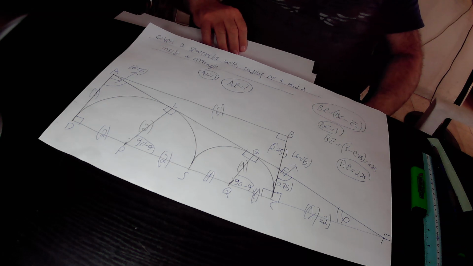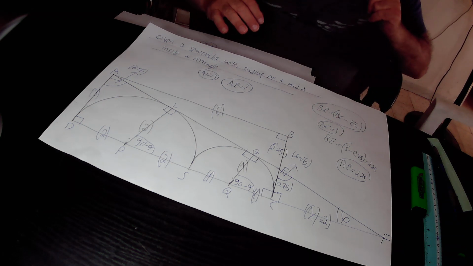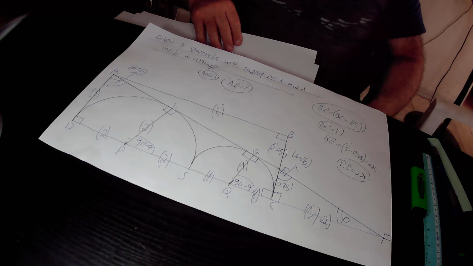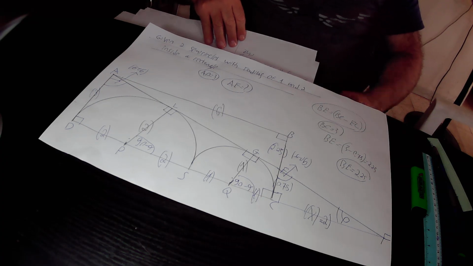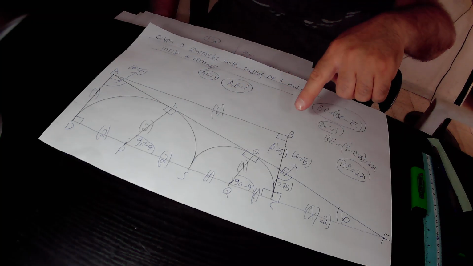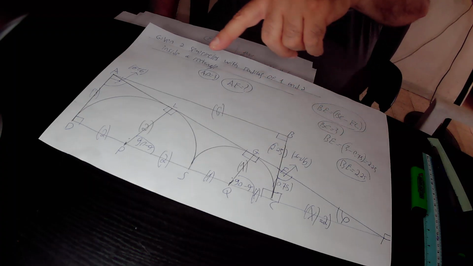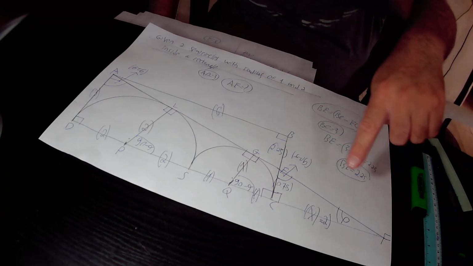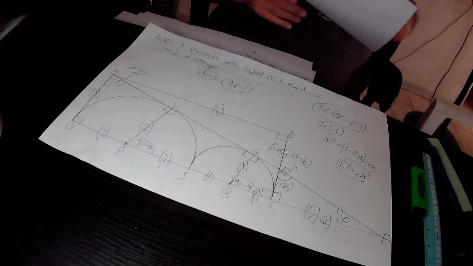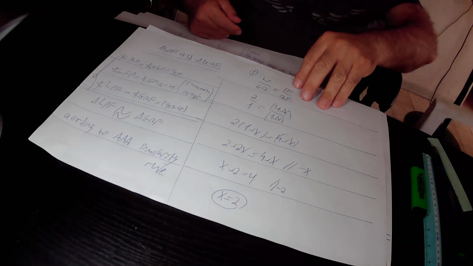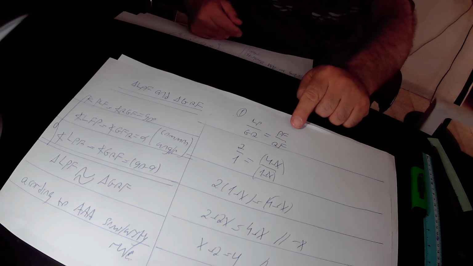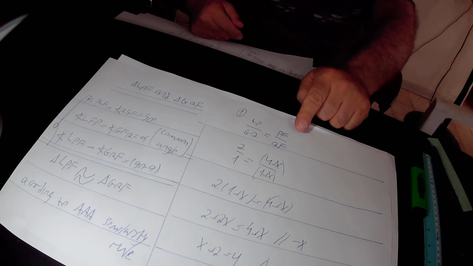And from the fact that the two right triangles are similar to each other, we derive that the following relationship exists between their sides: side LP in the big triangle over side GQ in the small triangle equals side PF in the big triangle over side QF in the small triangle.